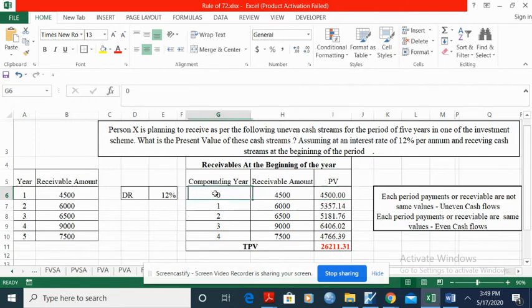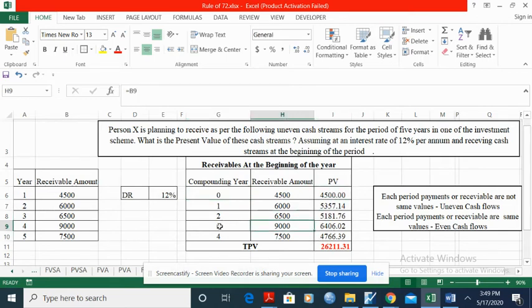So this zero is a reference for considering whether it is the beginning of the period or end of the period. Since Mr. X is receiving 4,500 rupees at the beginning of the period, and we are calculating present value as on today itself, that value is 4,500 rupees.